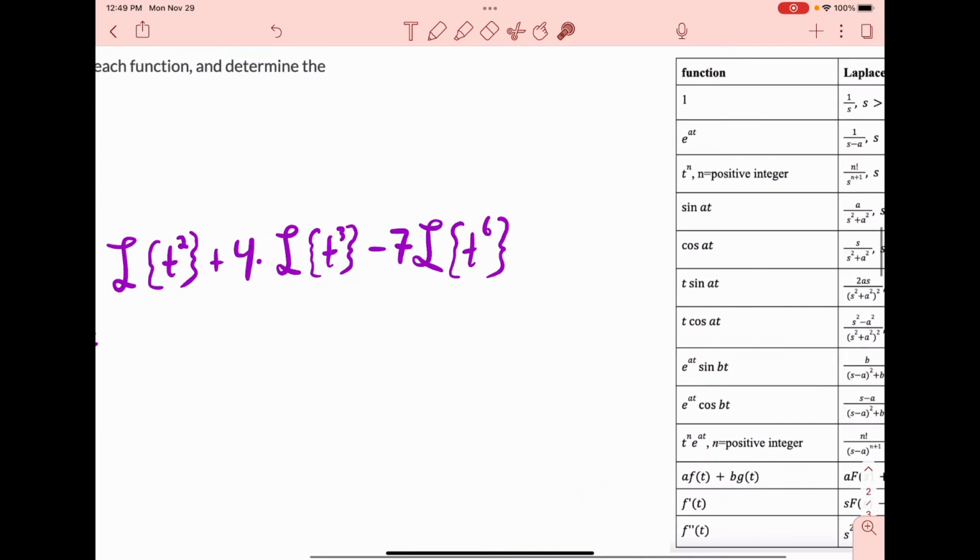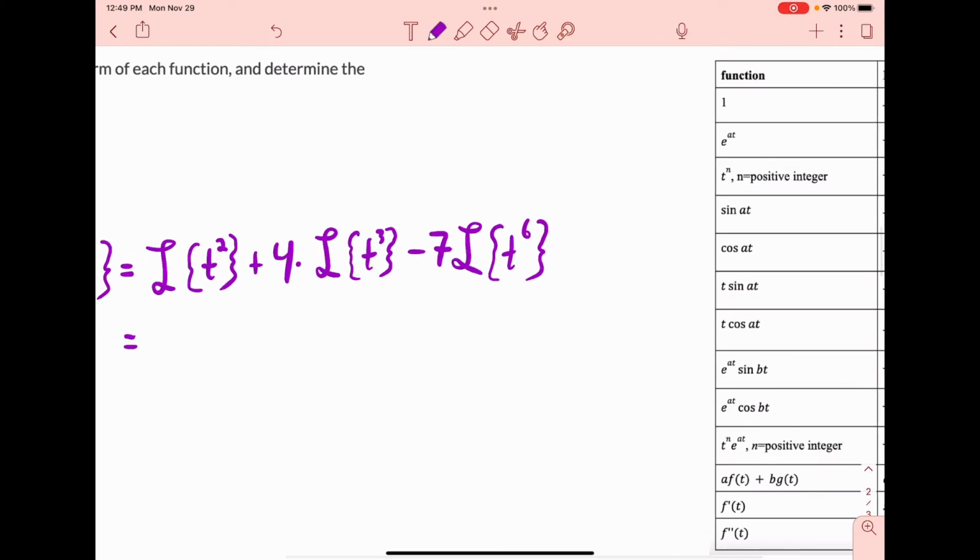So, in the first case, the Laplace transform of t squared, here the power n is 2. So when we plug it in, we're going to get 2 factorial over s to the power 2 plus 1, or over s to the power 3. So this one is equal to 2 factorial over s to the power 3.